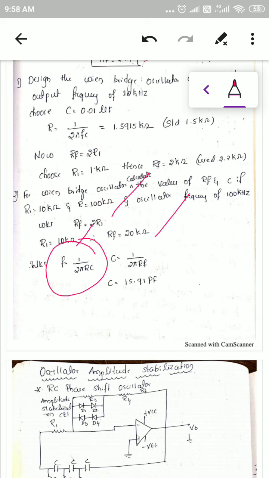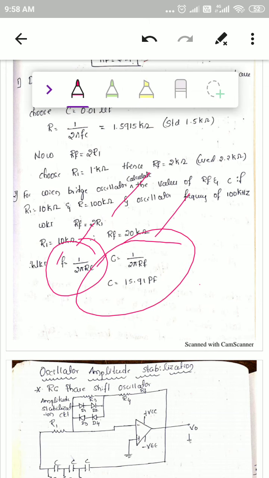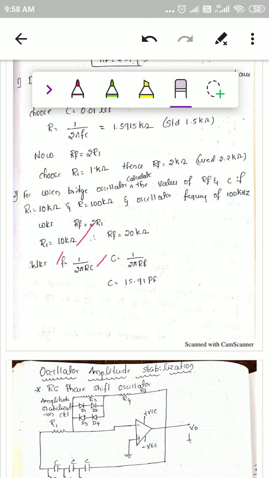Also we know the frequency of the Wien bridge oscillator, f equals 1 divided by 2 pi RC. R is known, f is known, and C is to be found, so calculate the value of C. See how much you got here: 15.91 picofarad is the capacitance value.